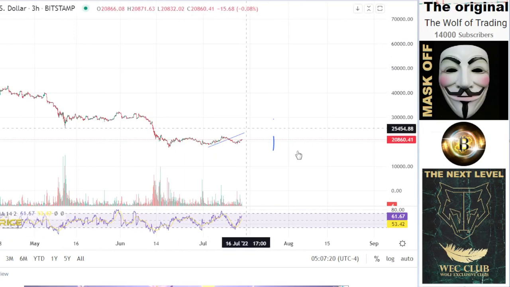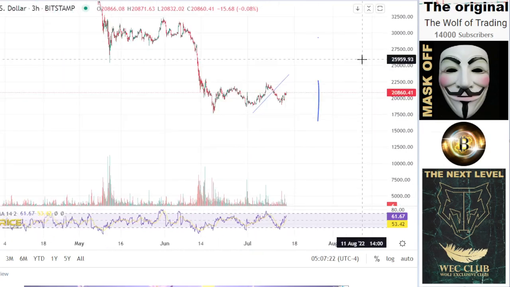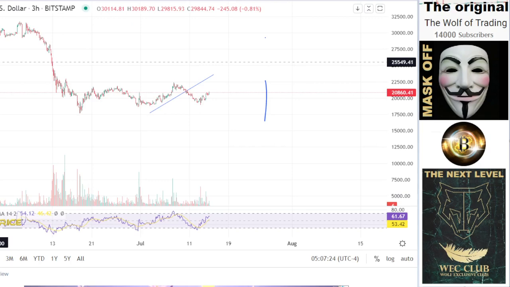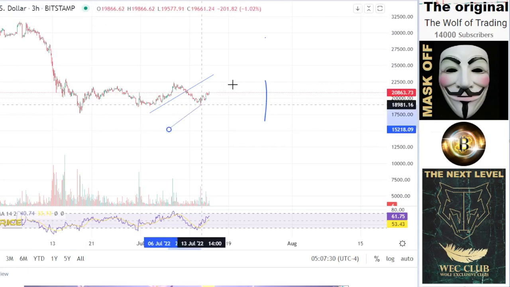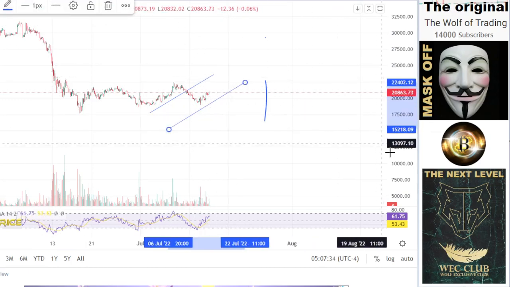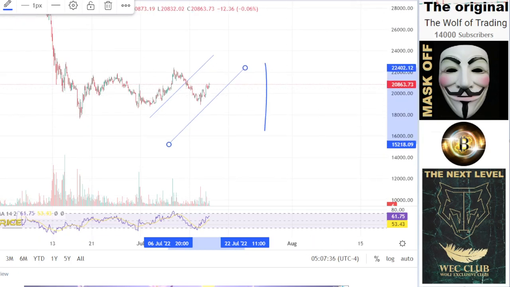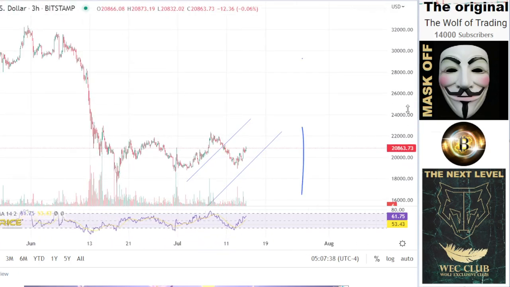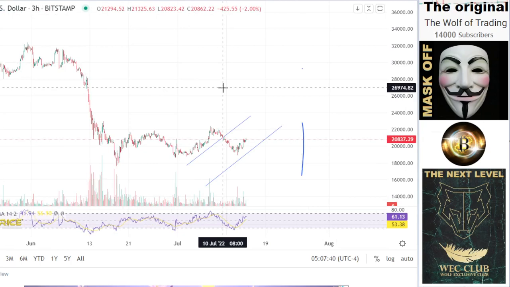That means the uptrend is broken here. You know the uptrend is broken, and this is not the best case to say, okay, we will make a new high. And the moon boys predict maybe 30,000, but this is not the case.